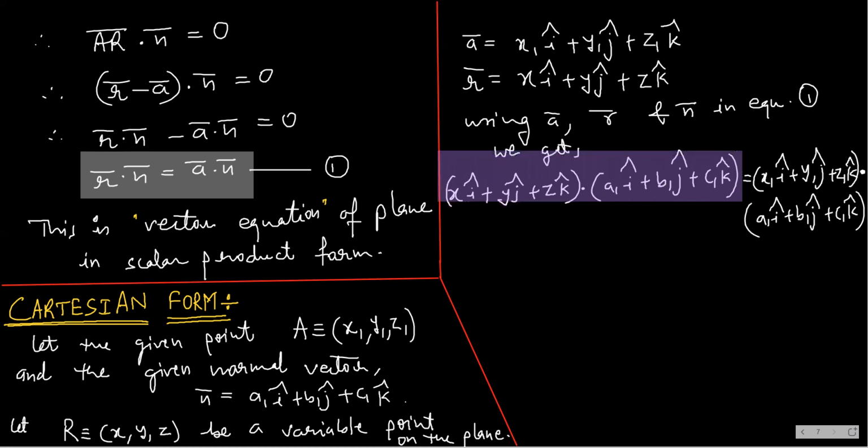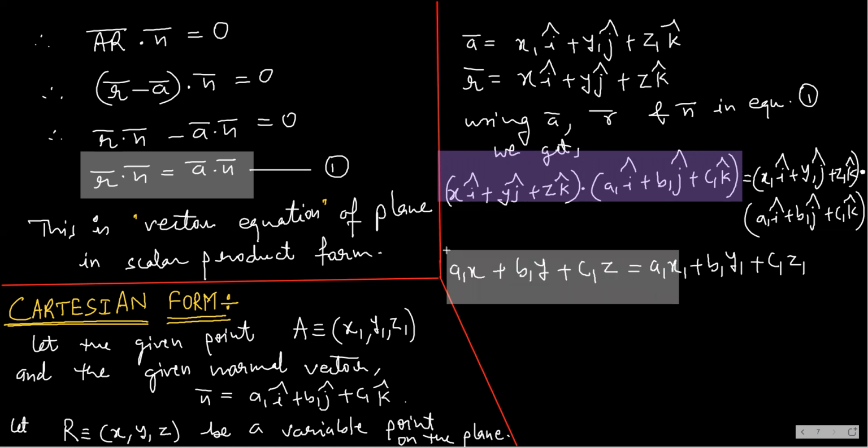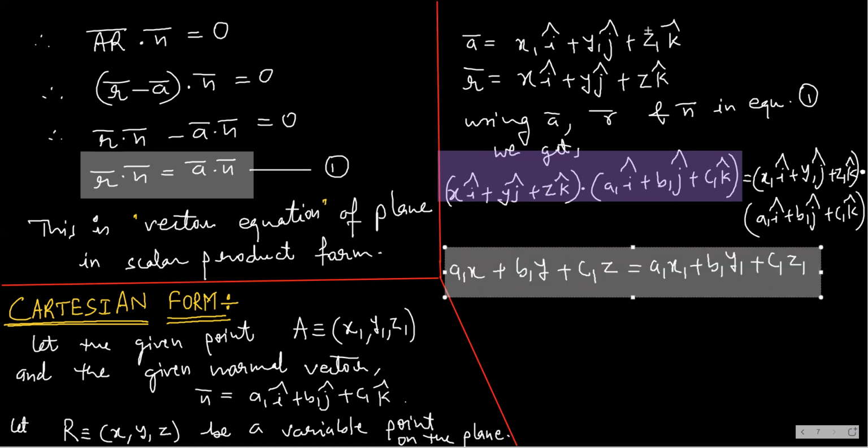So here you will get a1 into x plus b1 into y plus c1 into z equals, this side, what will you get? You will get a1x1 plus b1y1 plus c1z1. Okay. And remember students, this thing which you got is the Cartesian equation of the plane.